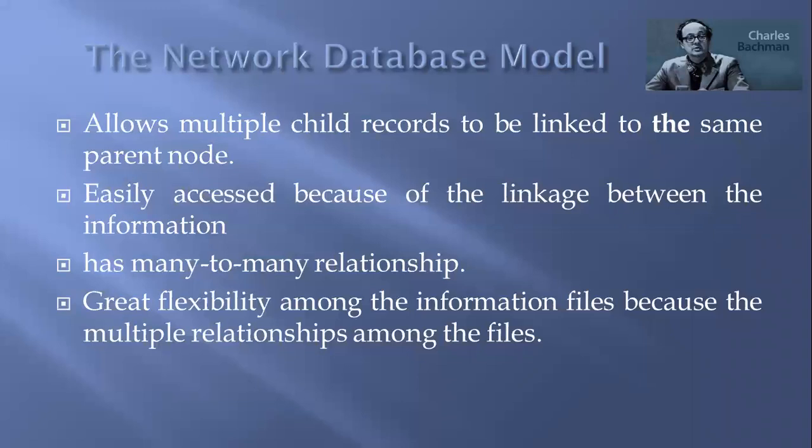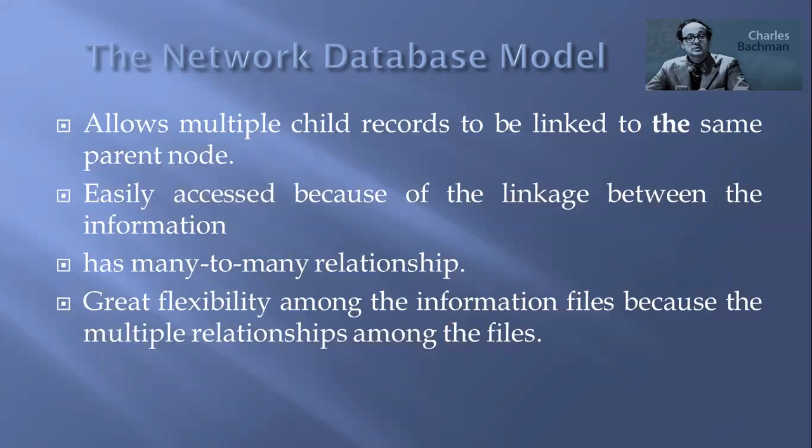Bachman decided to create a database that is similar to the hierarchical database but with more flexibility and fewer defects. The original hierarchical database has one parent file linked strictly to one child file, creating a ladder effect that restricted the database from finding relationships outside of its category.